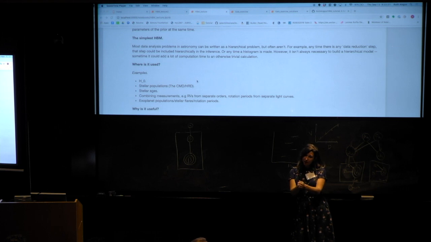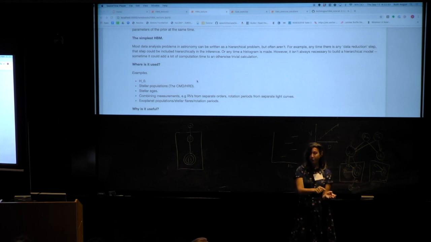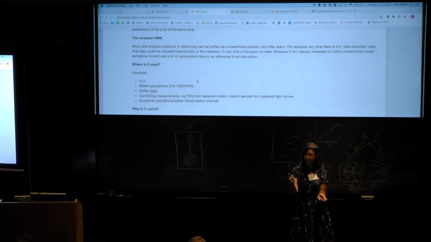But that only works if the models are right. If the model for how the rotation period of a star changes over time is wrong, we shouldn't include it, because it will inform age, but it's wrong, so it will mess up the ages. So in this model, all of the parameters of the age models are free.